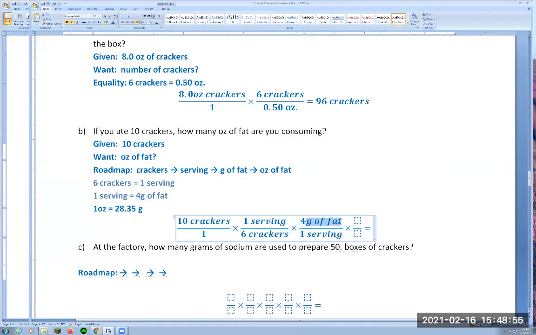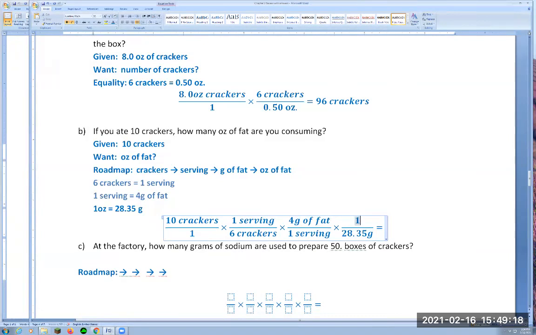But we want ounces of fat. And so we will change the grams into ounces. And so we will have the 28.35 grams on the bottom here because we have grams of fat on the numerator in the previous conversion factor. And here, then we need the grams in the denominator, sorry. And then the 1 ounce on top. And so it's 1 ounce of fat here.